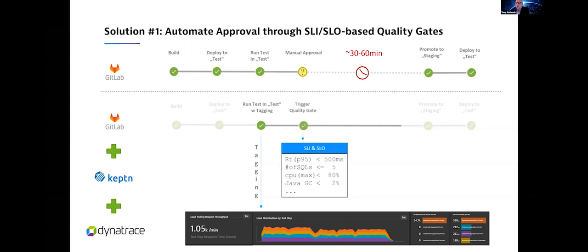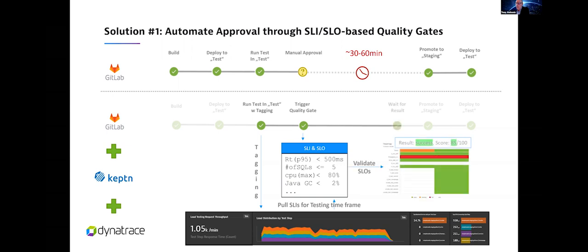At that moment, when the load test has been run, Dynatrace will have the data available, and it will do the SLI and SLO checks, and in the end, it will do the validation process itself and tell you, okay, you have a success with a score of 85, and you will be allowed to go to the next stage, which can also be handled by Keptn, by the way.